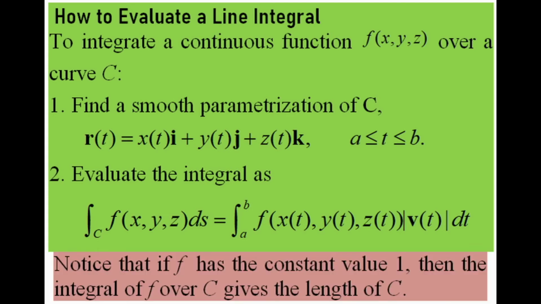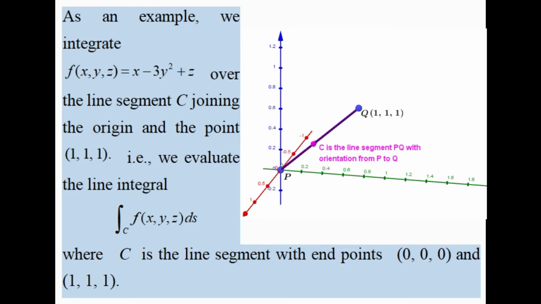Notice that if f has the constant value 1, then the integral of f over C gives the length of the curve C. As an example, we integrate the function f of x, y, z equal to x minus 3y squared plus z over the line segment C joining the origin and the point 1, 1, 1.